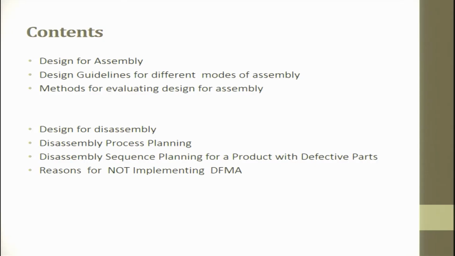So in this lecture we will go through design for assembly, then guidelines for different modes of assembly, then methods for evaluating design for assembly, then design for disassembly, assembly, disassembly process planning, disassembly sequence planning for a product with defective parts, and finally reasons for not implementing DFMA, design for manufacturing and assembly.